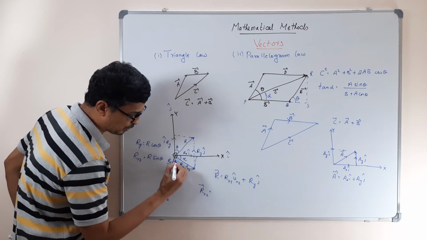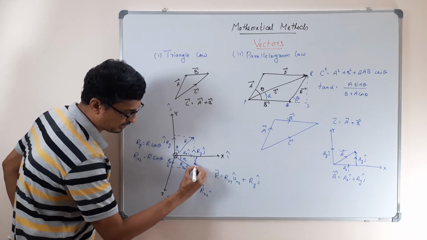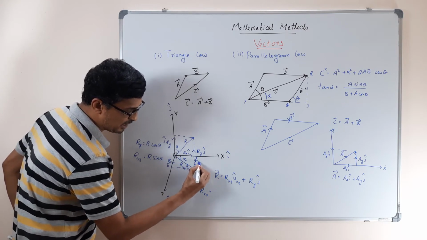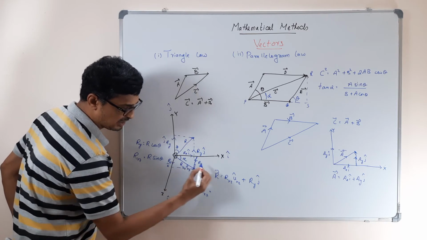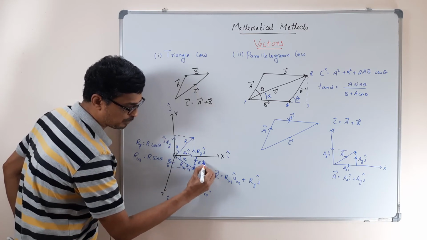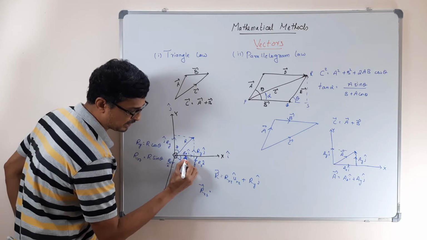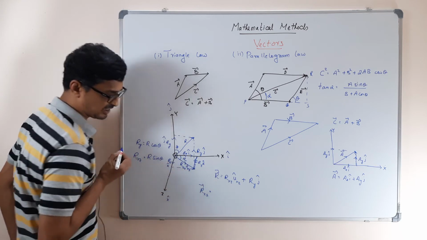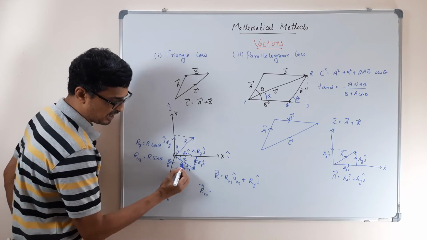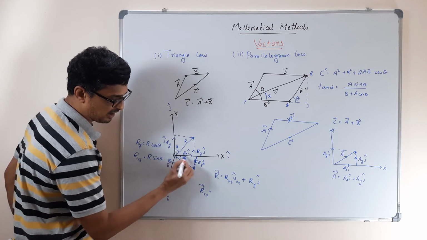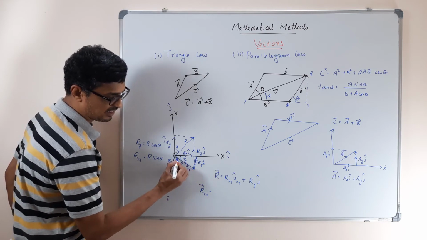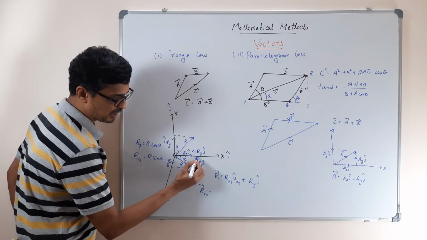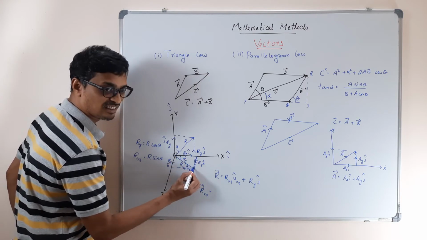So I am taking a parallel vector, drawing here. This will be Rz k cap. Now you see this vector direction. Rxz vector using the triangle law, am I right? This plus this will be equal to this.